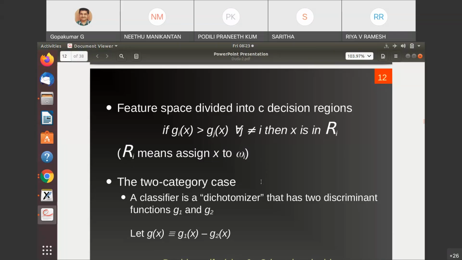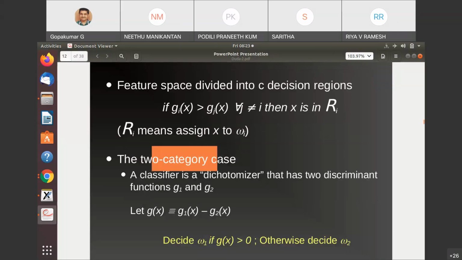And when we come to the two category case, it is a typical case, a widely used scenario. On the analysis side also, the two category case is the best way to convey the concepts in the easiest way. So that's why, even though we have general cases, the two category case is discussed specifically.